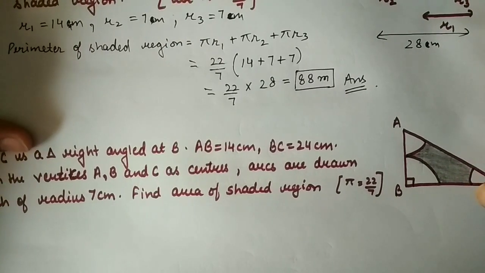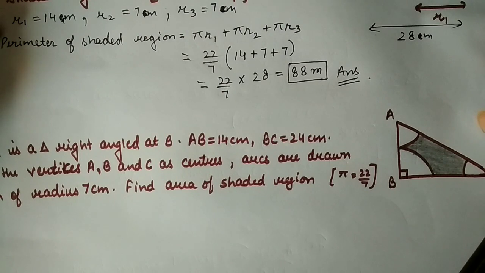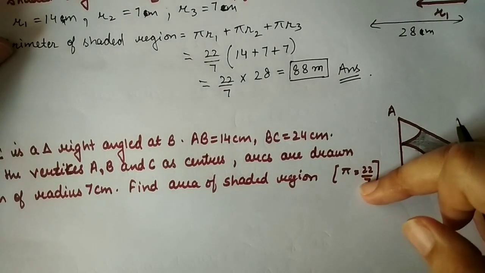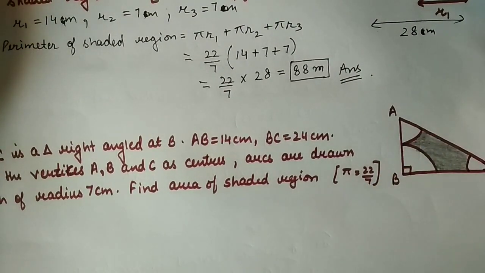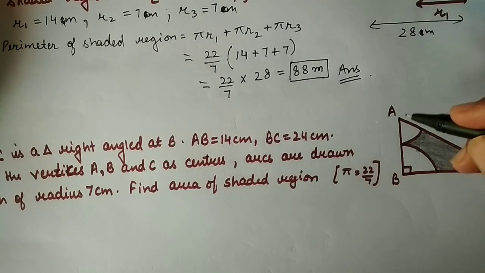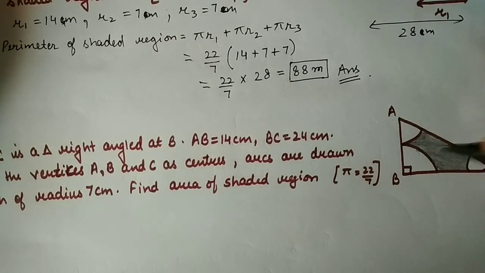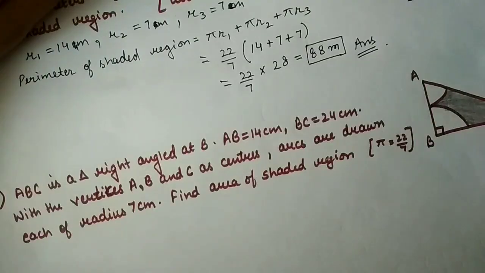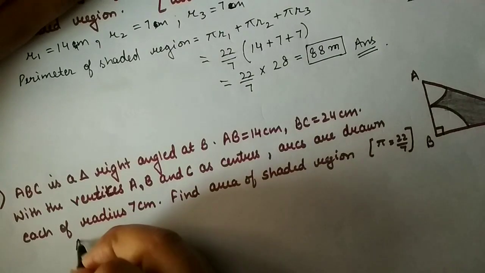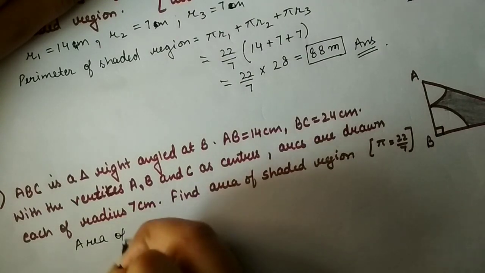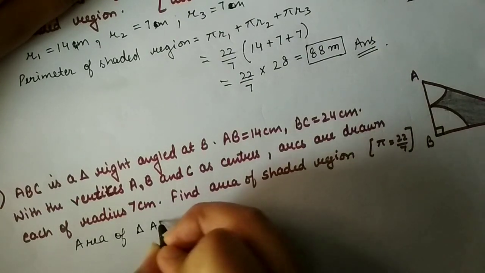We have to find the area of the shaded region and use pi as 22/7. Now area of shaded region is area of triangle ABC minus area of these 3 sectors. These 3 sectors have the same radius, but we don't know the value of theta. So first of all, let us find out area of triangle ABC.